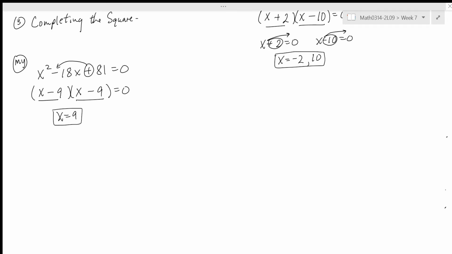Okay, next problem, number 15. And now we're going to crank it up a notch. So is this equation quadratic?